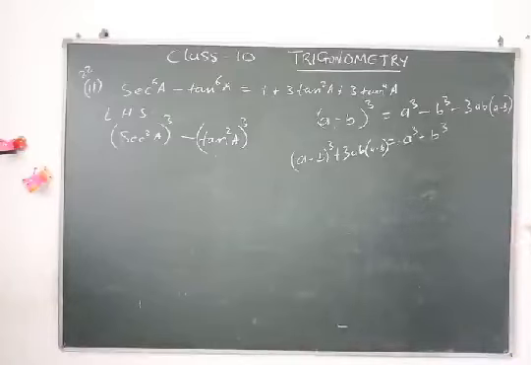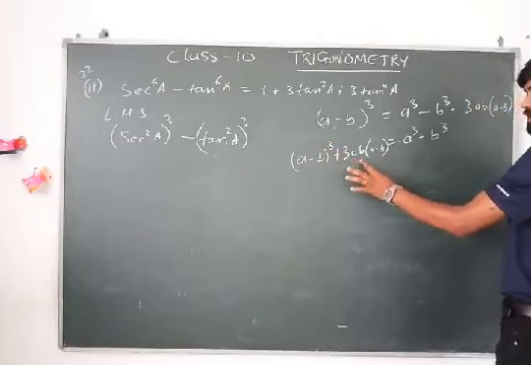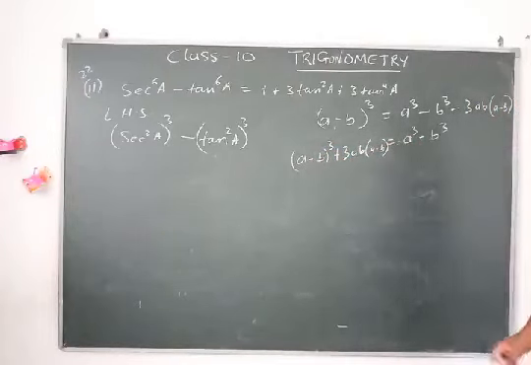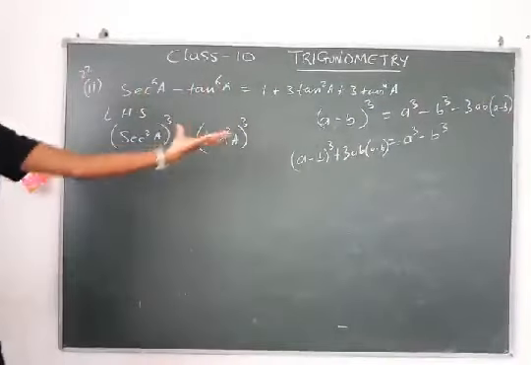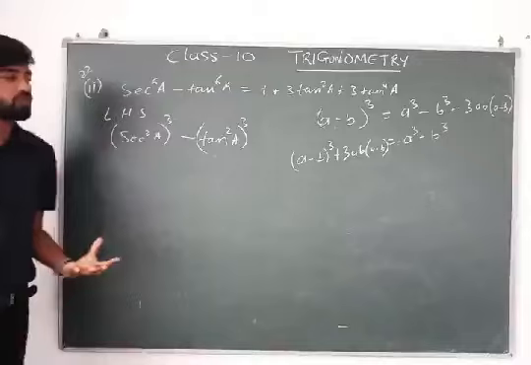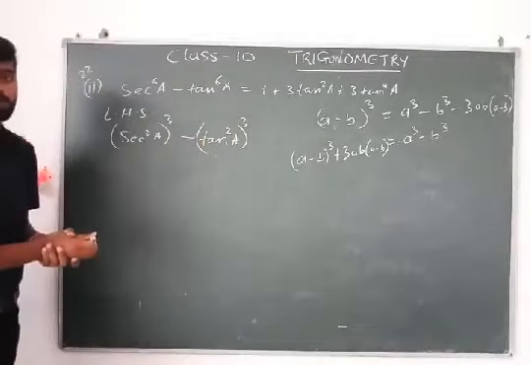I hope everyone is able to see this. So what is the formula for A cube minus B cube? A minus B whole cube plus 3AB bracket A minus B. Okay, so this is the formula. You should know the formula already, but I am just helping you and making it simpler for you. You can pause the video and go through the formula again and then come back to this question.